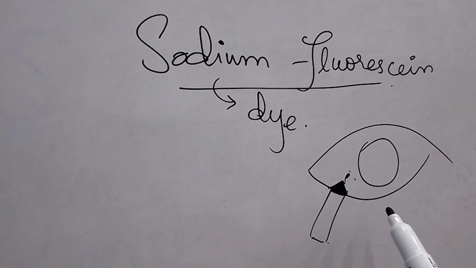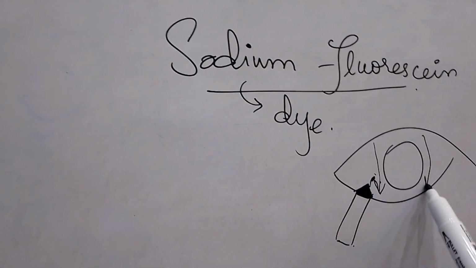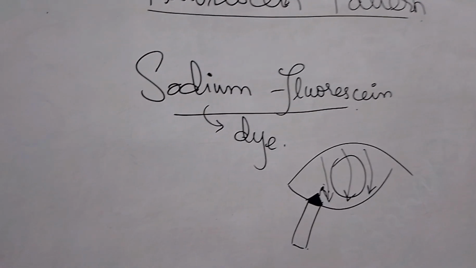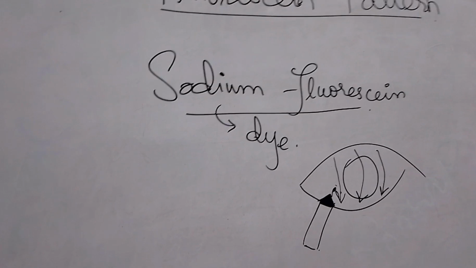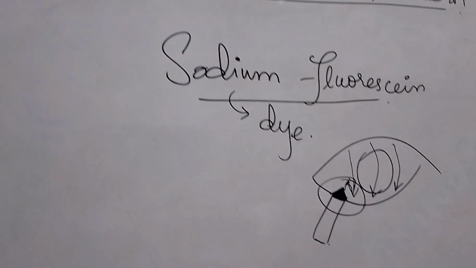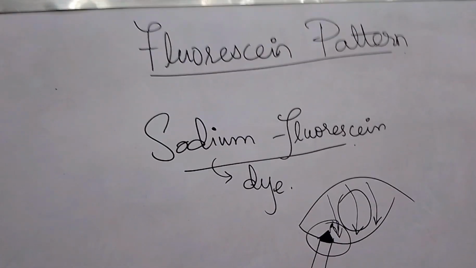Then ask the patient to blink several times, for several seconds, and this dye will be equally distributed along the palpebral fissure or along the eye of the patient, right?